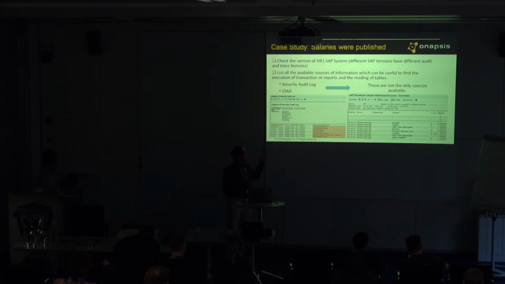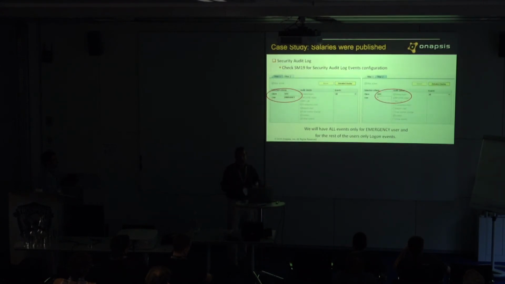The first one and the most known is the security log, which, depending on whether it is enabled or not, we can find who did what. And then we have the STAD transaction, which is for statistical analysis, that at the beginning is not a security transaction or security functionality, but we can get some useful information from this transaction.